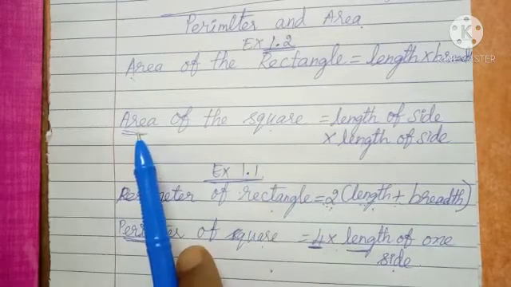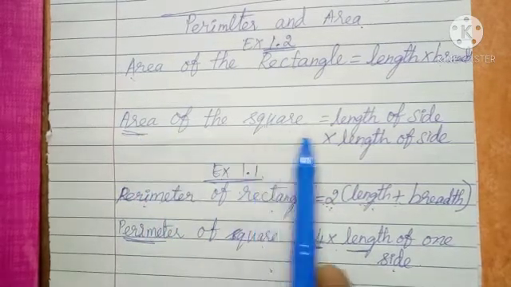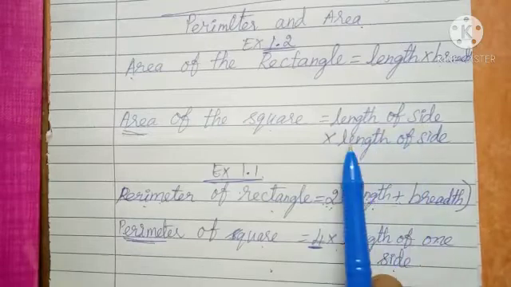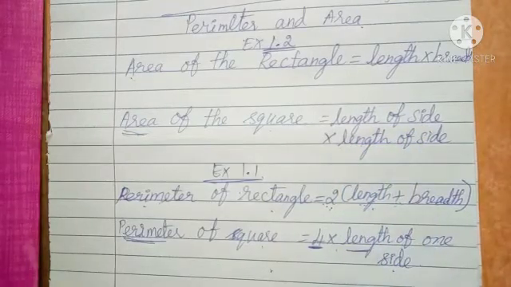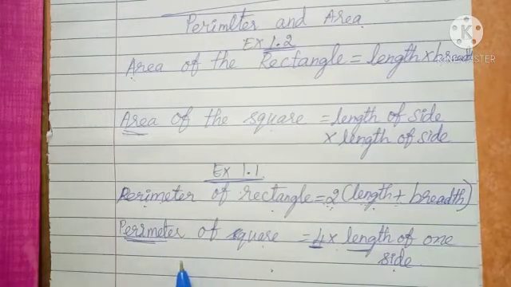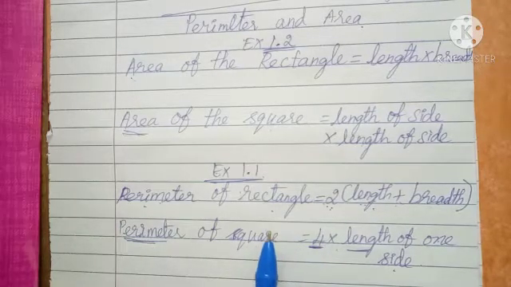But for the area of the square, the length of the sides, only the side value is given, so multiply 2 times. So side multiply side, that is the area formula. Here the perimeter formula is multiply by 4. Okay, you understand these two kinds of formula. This helps to find the perimeter and area for the rectangle and square values. Okay children.